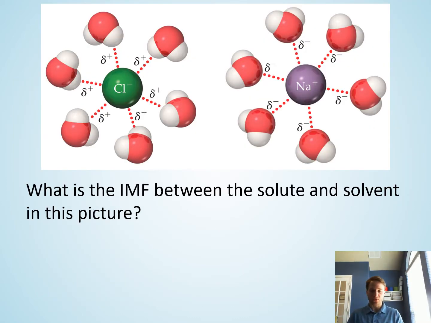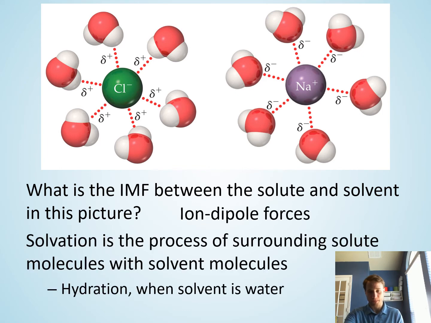As talked about on that previous slide, the intermolecular forces between sodium and chloride and the surrounding water molecules are these ion-dipole forces. Now, the process in which salt, sodium chloride, dissolves in water and gets surrounded by solvent molecules, or more generally, when a solute becomes surrounded by solvent molecules, is called solvation.